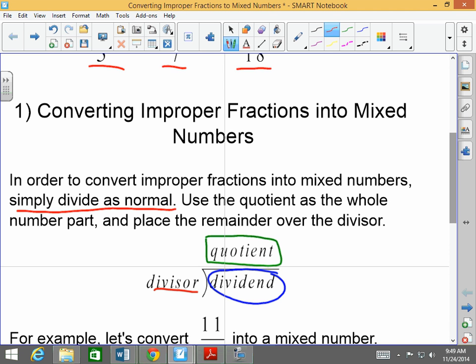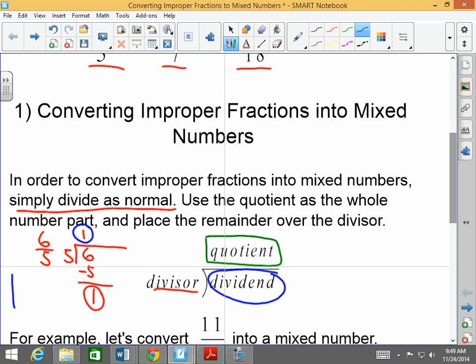So for example, if I wanted to turn, let's say, 6/5 into a mixed number. This is 5 on the outside, that's my divisor. 6 on the inside, that's my dividend. 5 goes into 6 one time. Subtract the 5. I have a remainder of 1, correct? So I'm going to use my quotient, which is 1, as the whole number.